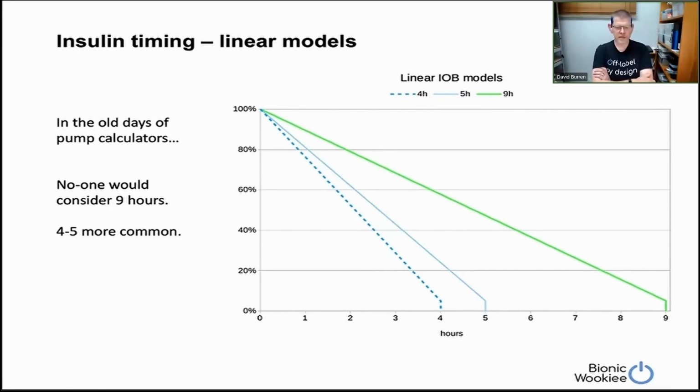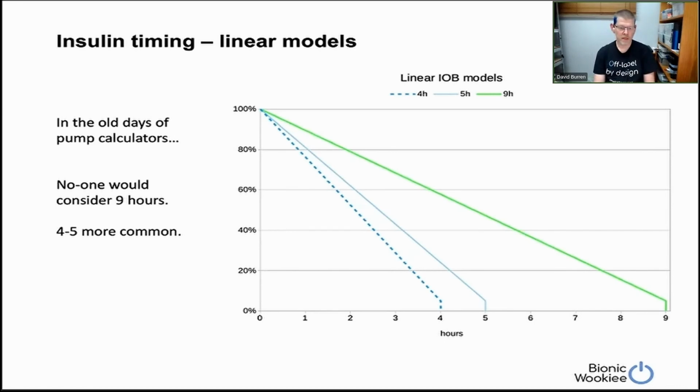You can actually see in this graph here, it's linear down to a certain point at which the software said, oh, there's a little tail. It's all too hard. I'm just going to ignore that. Because this was just used for boluses, which were typically meal boluses or correction boluses. It wasn't keeping track of basal insulin because that was just regarded as a background thing that stayed the same all the time.